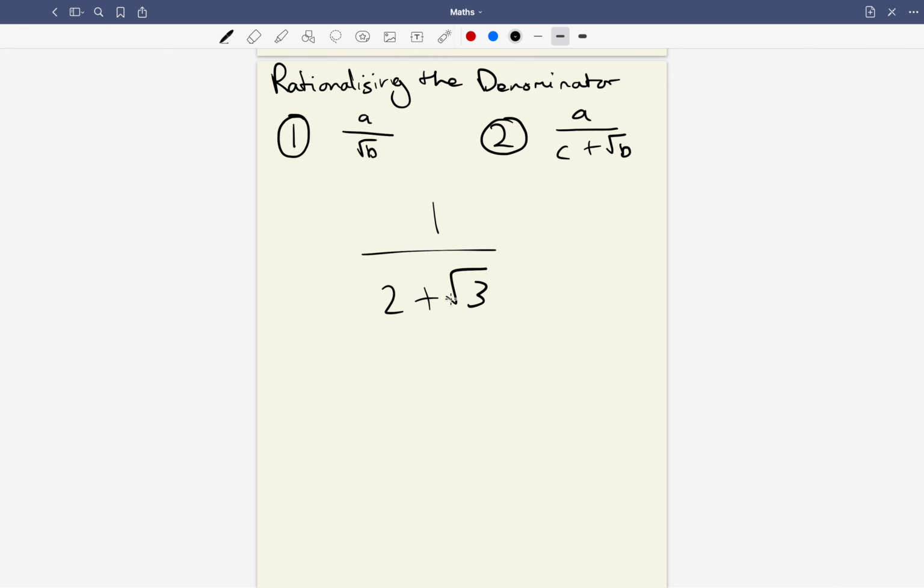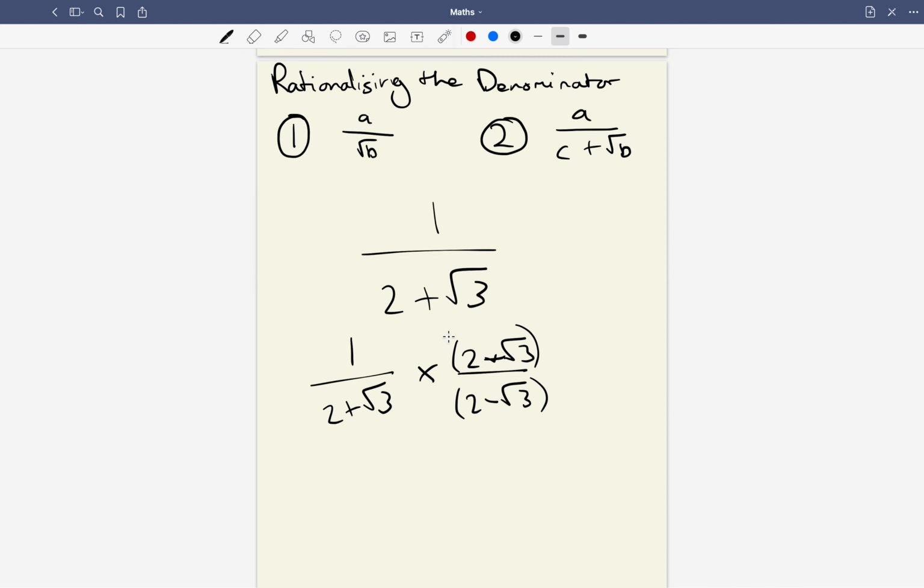What we've got to do is times it by itself here, but change the sign around. So I'd have to times it by 2 minus root 3. And obviously what you do to the bottom, you must do to the top.